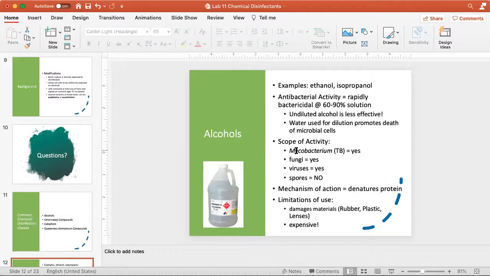And remember, mycobacteria is the type of bacteria that causes tuberculosis. Does it kill fungi? Does it kill fungal cells? Does it kill or destroy viral particles? And finally, is it effective against spores? So we will ask specifically these 4 questions for each one of our groups.